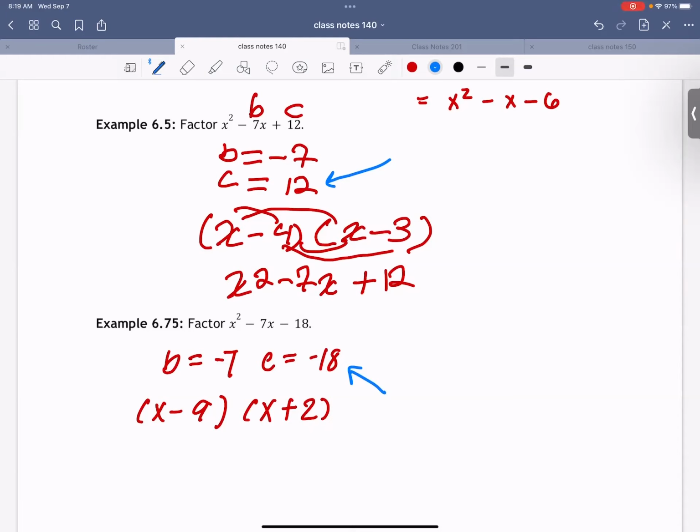So I would always start, for example, with 6.5. I would start with finding two numbers that multiply to give 12, because there's only like what, 1, 12, 2, 6, and 3 and 4. Then you're only left with 3 pairs to kind of figure out what adds to -7, instead of looking for two numbers that add to -7. That would take a lot of time. Okay. Any questions on factoring simple quadratics?